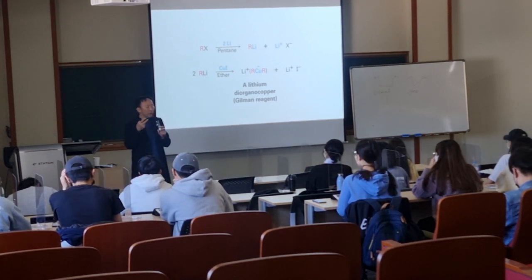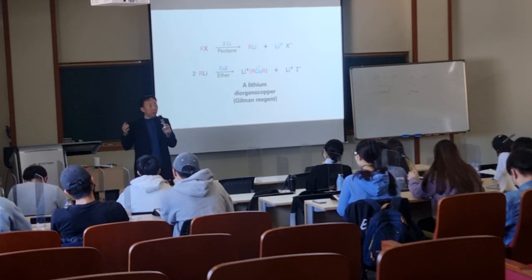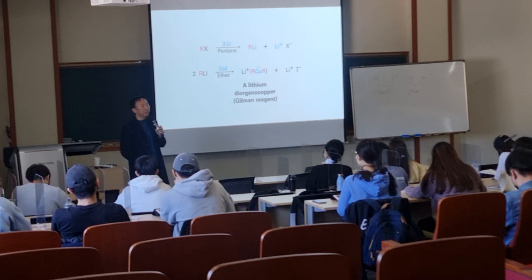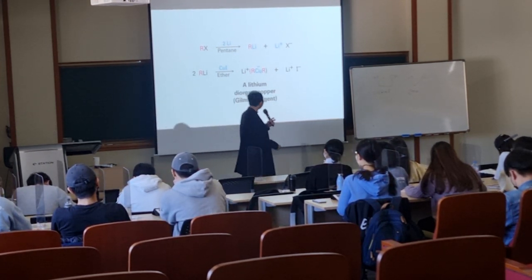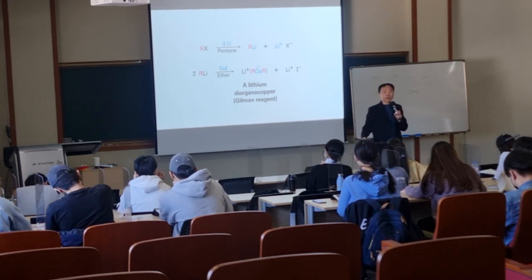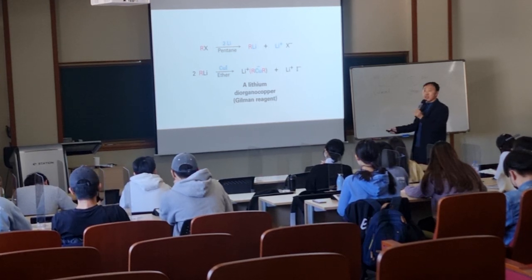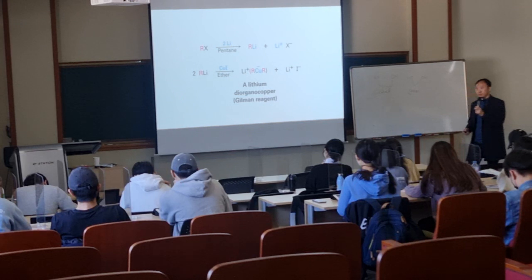Lithium and magnesium are hard and small. Copper is relatively bigger. Of course, chemists have tried many metals here, and even until today organometallic chemists have tried all the metals. We have almost a hundred different kinds of metals on the table. So far, one of the successful cases is this copper reagent, the so-called cuprate.